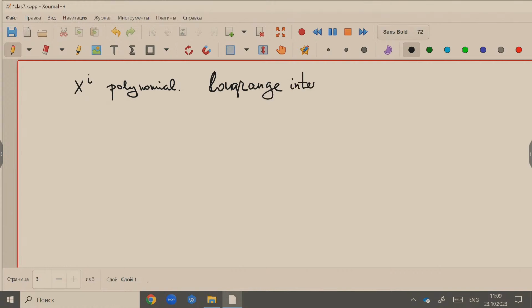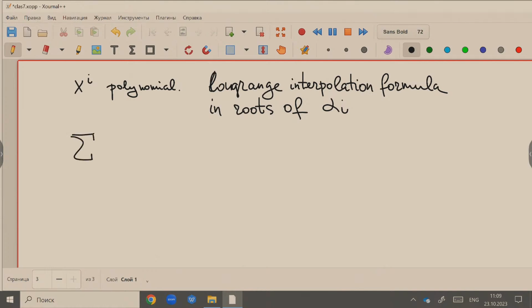How to write it down? It is written as follows. Let me put it as the polynomial h.